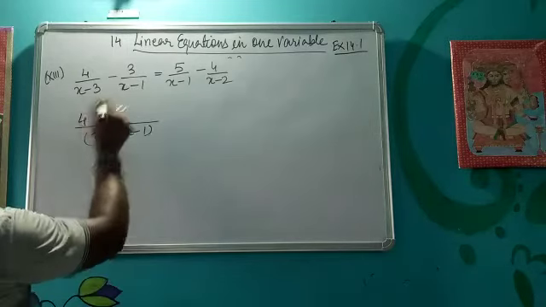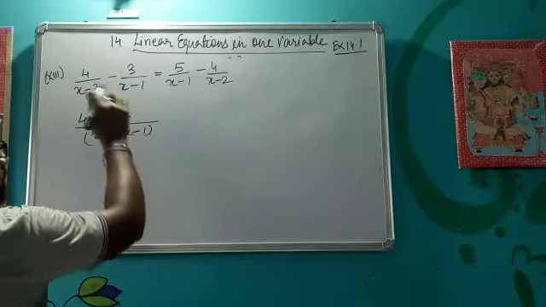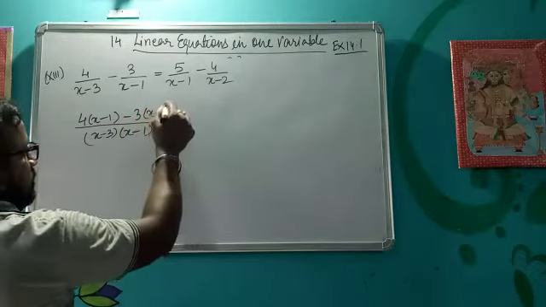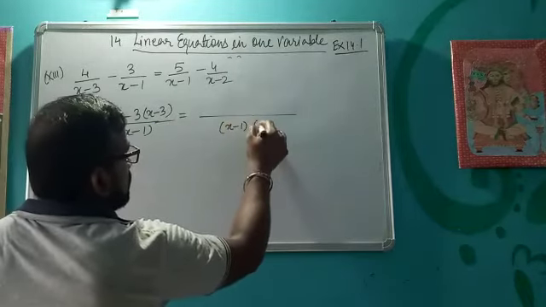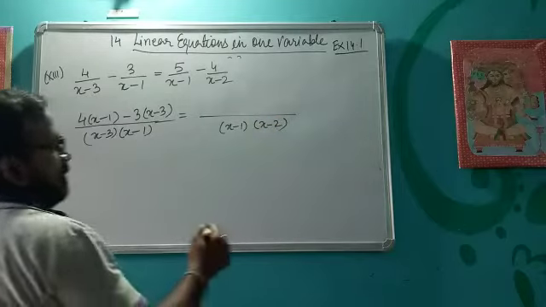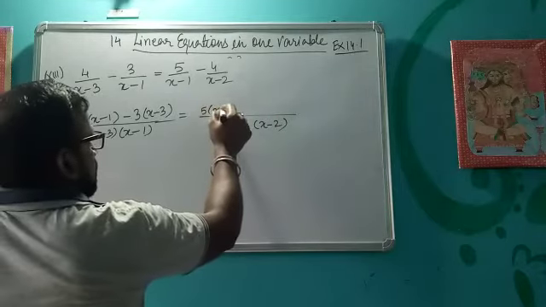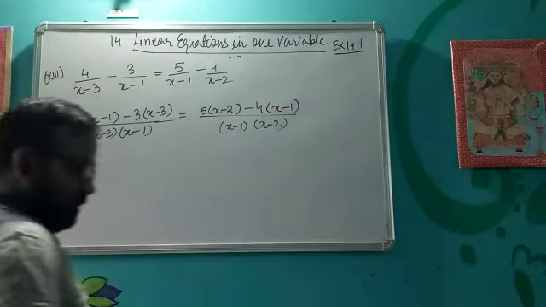So you will do the cross multiplication of x minus 1 here, then cross multiplication of x minus 3 here, like this, and same thing I am going to do here. Then cross multiplication of x minus 2 here and cross multiplication of x minus 1 here.